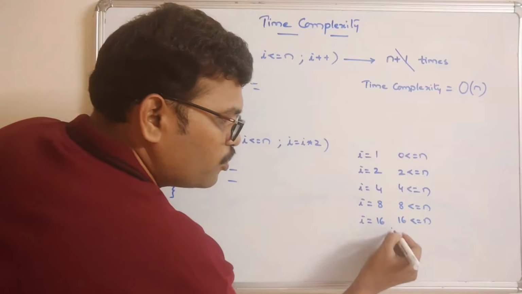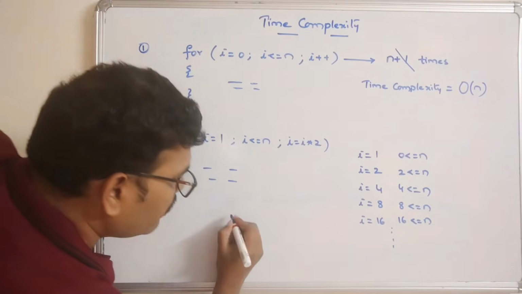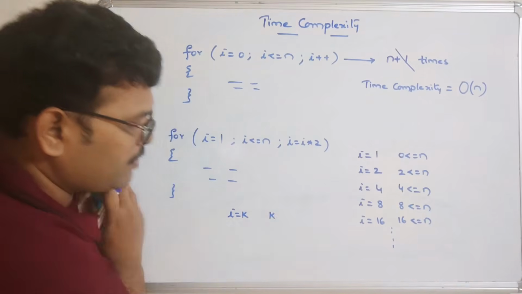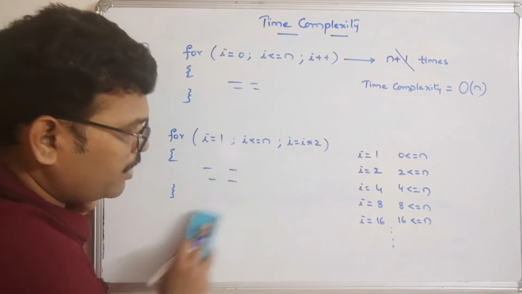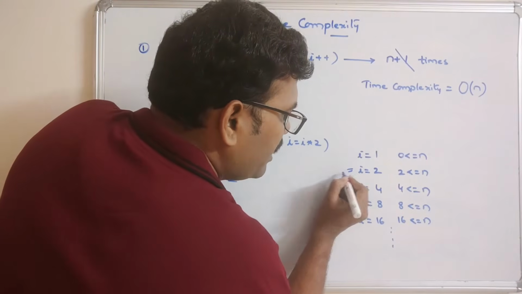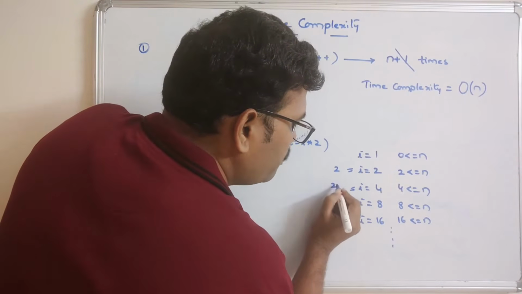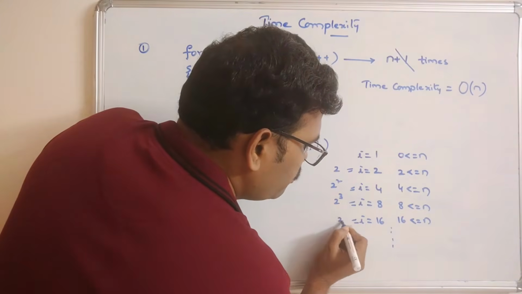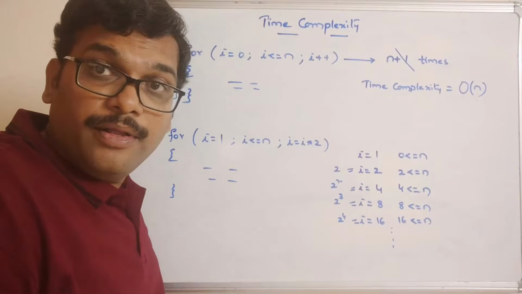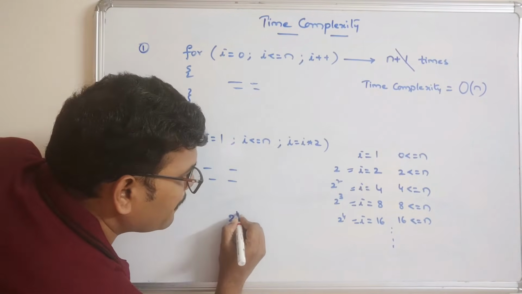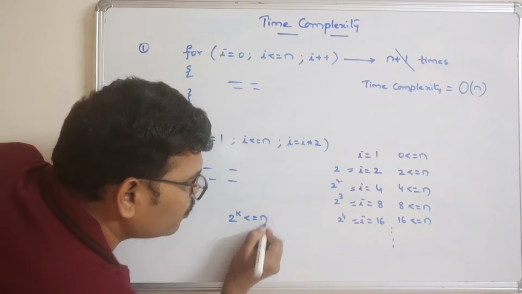So on and so forth. You can see that 2 can be written as 2 power 1, this as 2 power 2, this as 2 power 3, this as 2 power 4, and so on. So we can write it as 2 power k less than or equal to n.